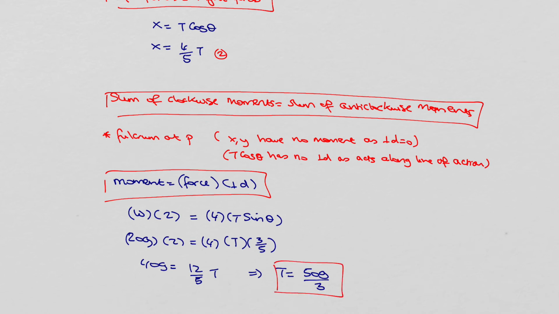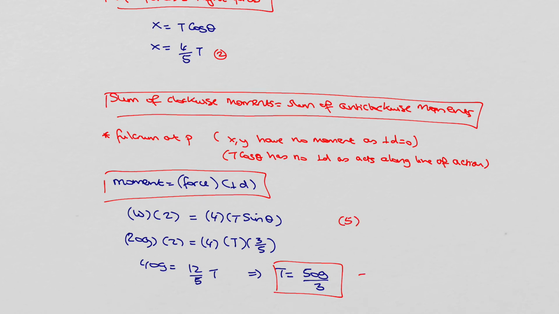So that's the first part of the question done, because we're looking for the tension. So we have 5 marks for setting up our moments equation and 5 marks for solving for T.